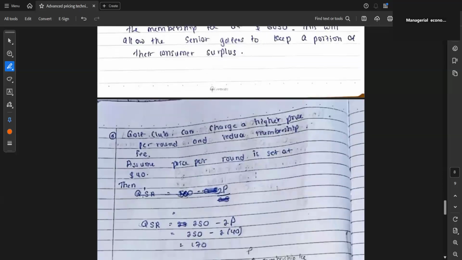So in a two-part pricing strategy, you can either charge a higher entrance fee and a very low constant usage fee. Then again, you can also charge a very low entrance fee and then charge a higher usage fee.